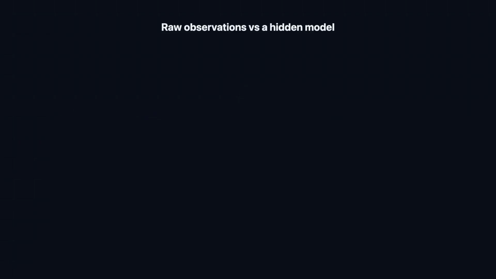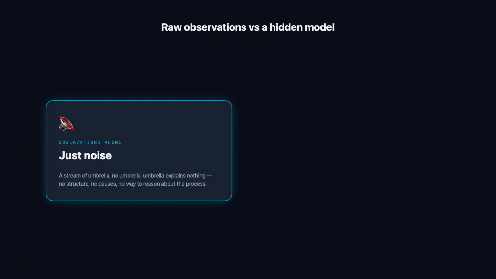Let me sharpen why this model matters with a clean before and after. Observations on their own tell you almost nothing about the process behind them. A string of umbrella, no umbrella, umbrella is just noise until you assume some hidden mechanism generated it. Raw outputs give you no explanation, no structure, no way to reason about causes.